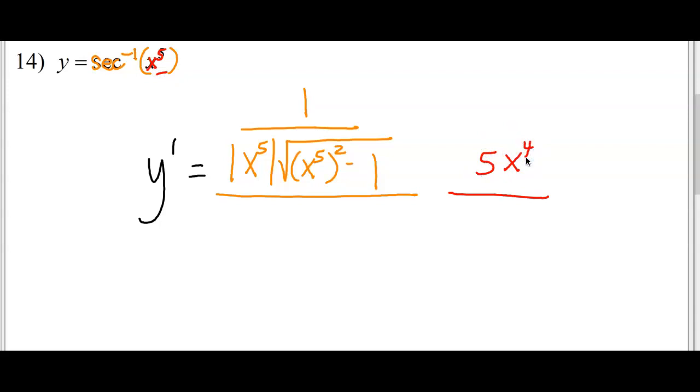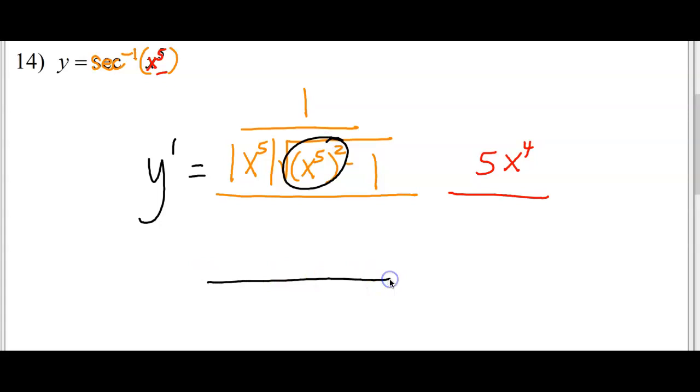All right, now, with these, we might have to simplify a little bit. First of all, this is an odd power, so we want to keep the absolute value bars. If you have an even, you can get rid of those absolute value bars, but since it's odd, we got to keep it. We talked about that in the lesson. Right here, we have a 5 times 2. That's going to be 10.